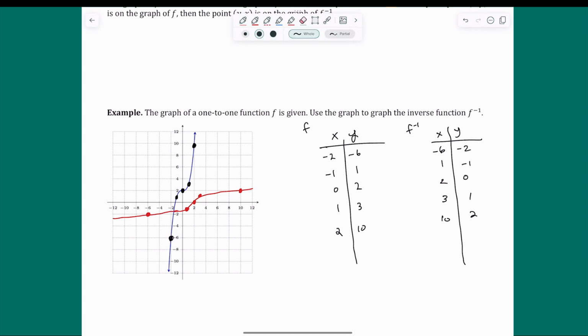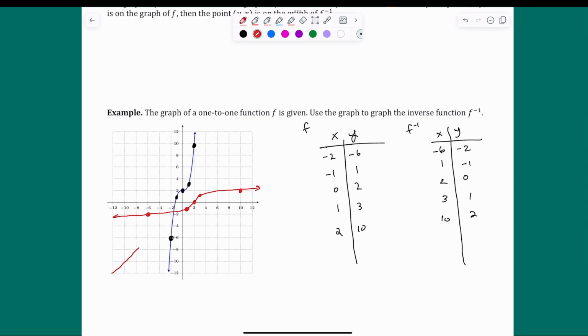It should look very similar. My graphing skills are not up to par. It should resemble an S shape, just like the other graph. Now, the part that we know is that it's a reflection about the line y equal to x.